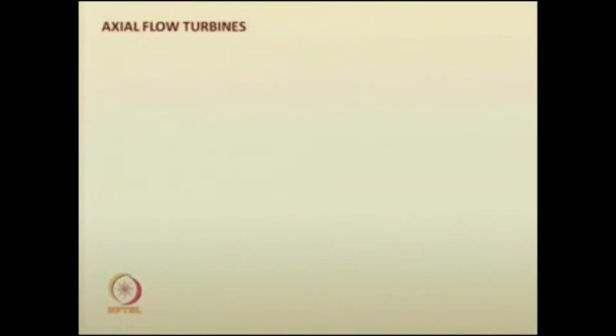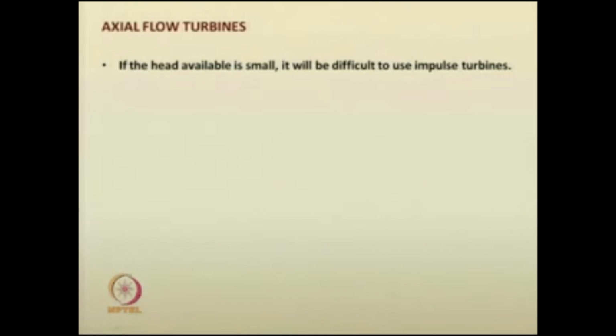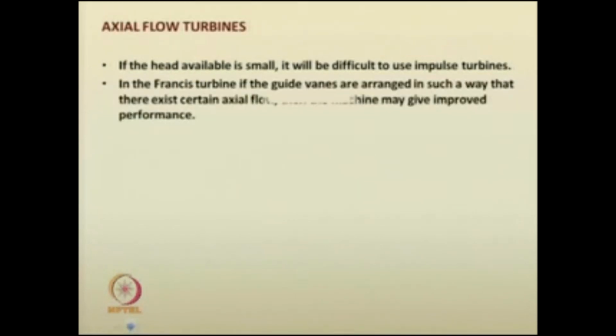Next, we will quickly go through axial flow turbines. So, if the head provided is very small, then it is difficult to use impulse turbines, it will be quite difficult. In Francis turbines, the guide vanes are arranged in such a way that there exists certain axial flow, and your machine can give improved performance.